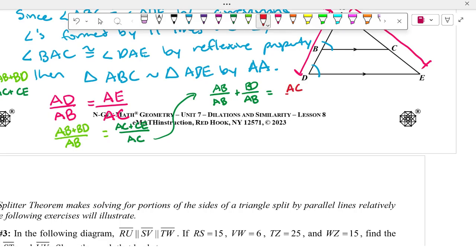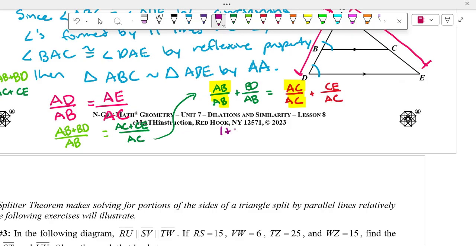Guys, just copy it down. You'll see it in a second. Now, what happens to these two? If you divide anything by itself, it's always 1.